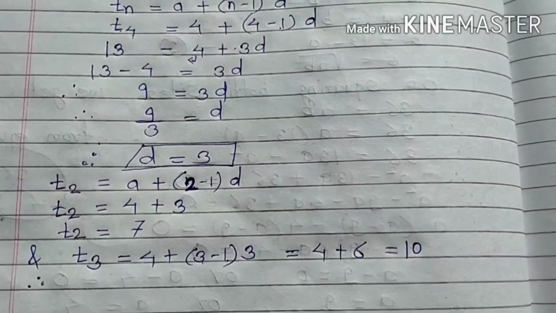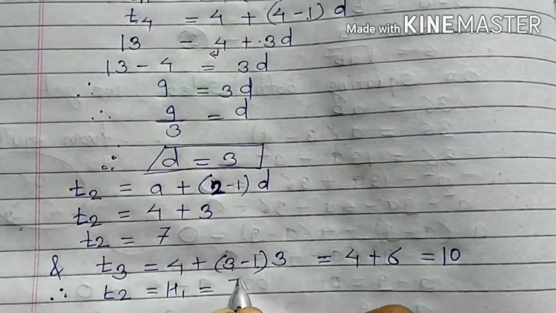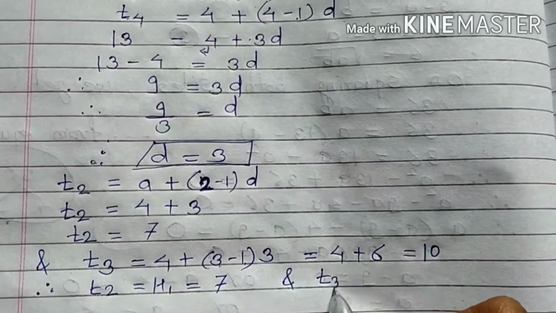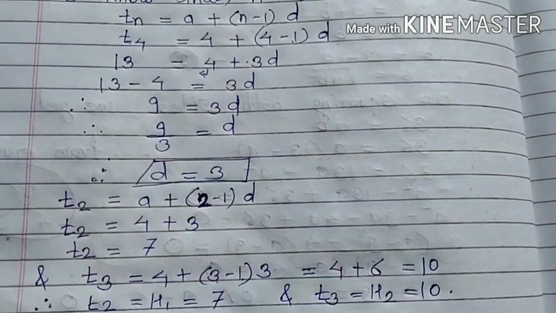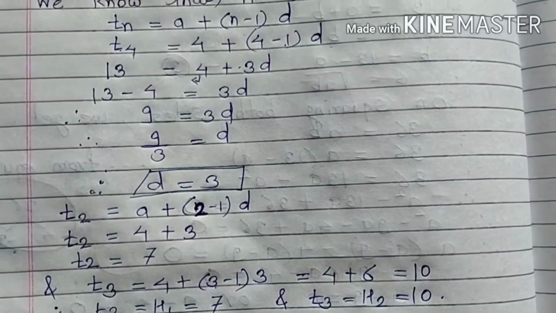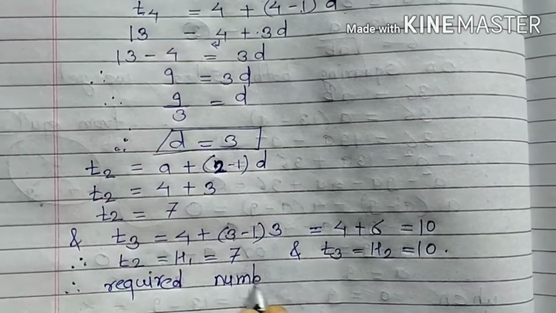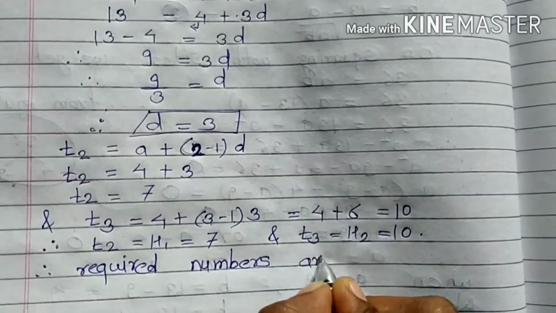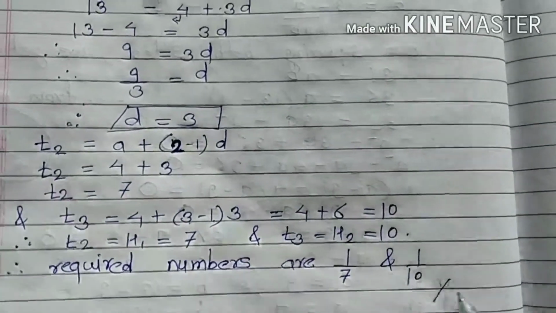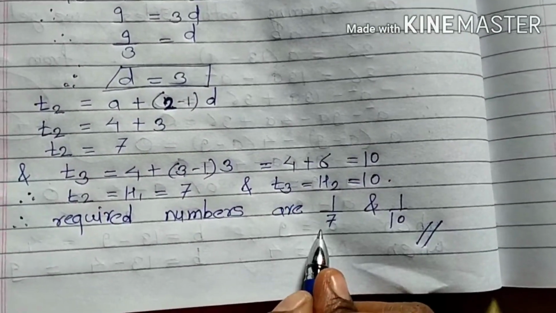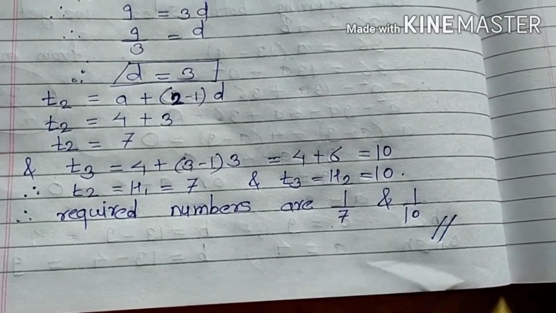So therefore T2 is equal to H1 is equal to 7 and T3 is equal to H2 is equal to 10. So therefore the required numbers are 1/7 and 1/10. So this is our answer. We have to insert these two numbers between 1/4 and 1/13. So these are our required numbers.